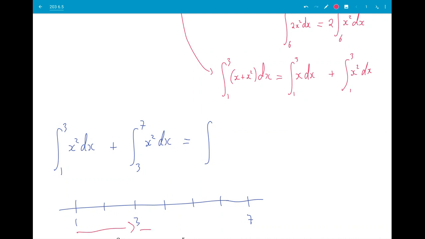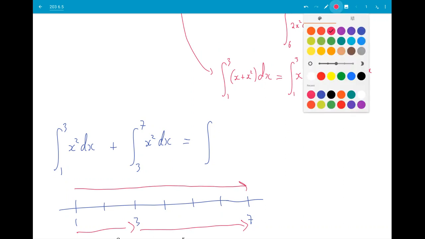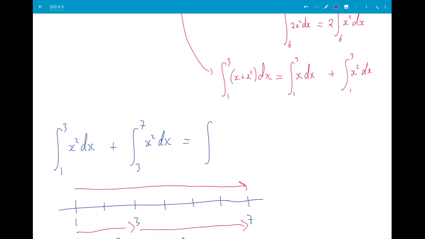The second integral goes from 3 to 7. So you can do this as just one integral from 1 to 7. So you have a lot of flexibility here.